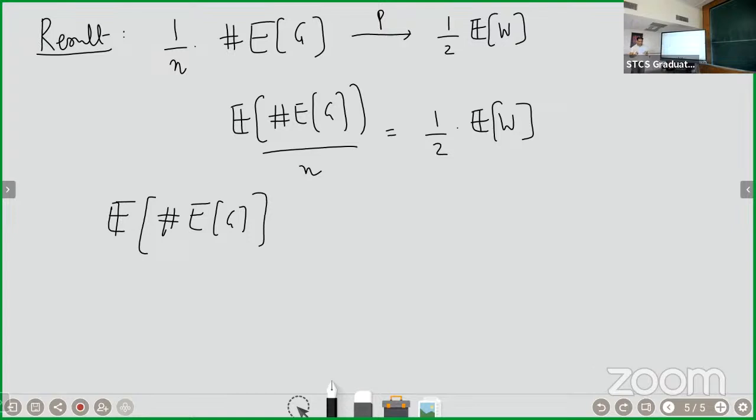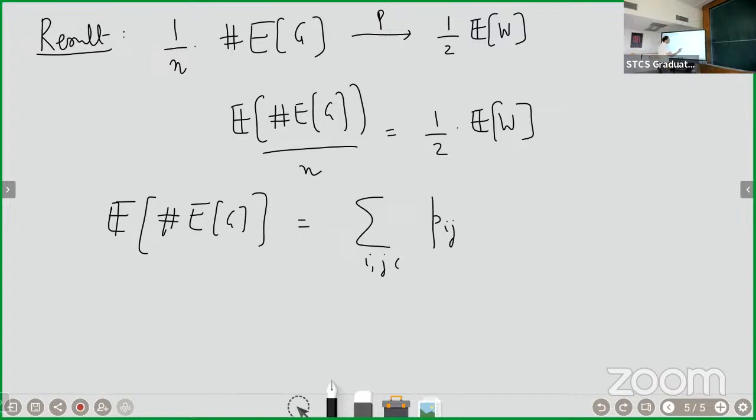Remember, it's just the expected number. So what is this equal to? Summation of p_ij really, correct?